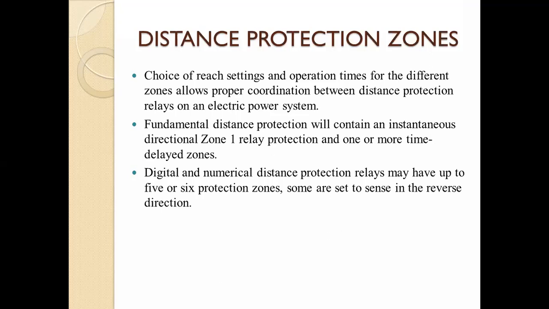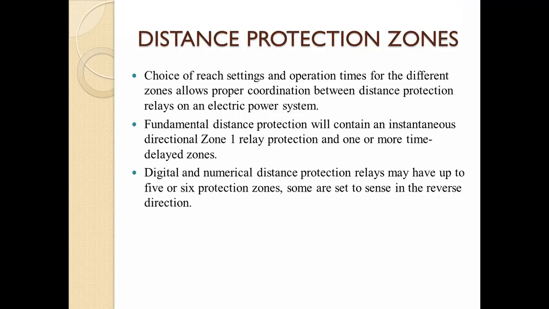Here we are again considering three zones, that is zone 1, 2 and 3, and whatever faults are covered by these areas will be seen in this particular point. So, distance protection zone.